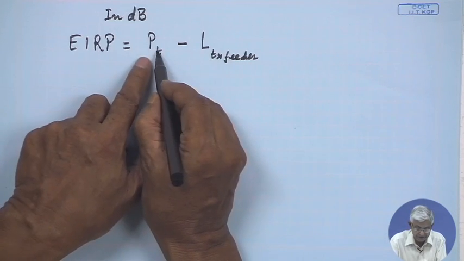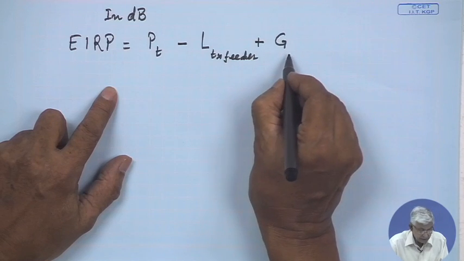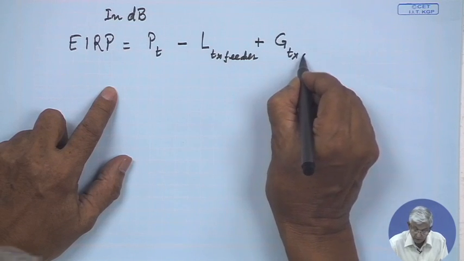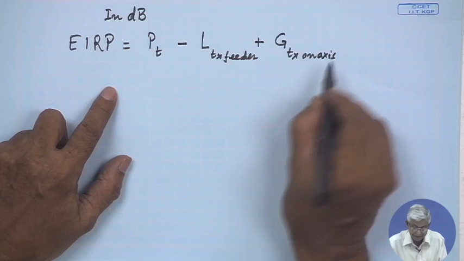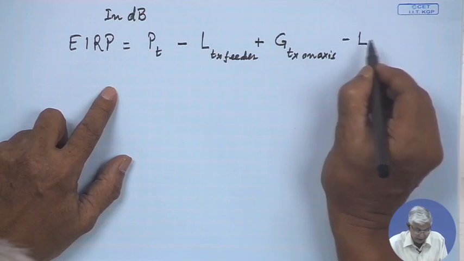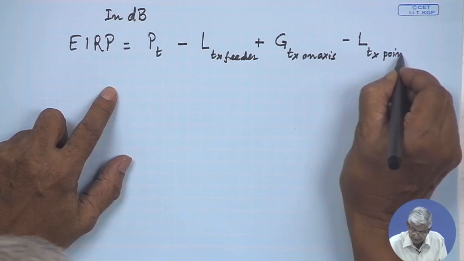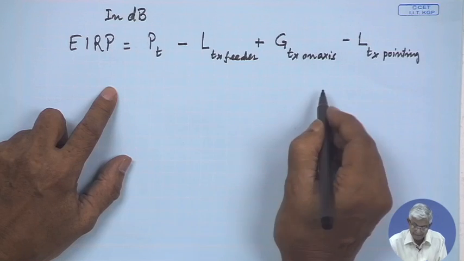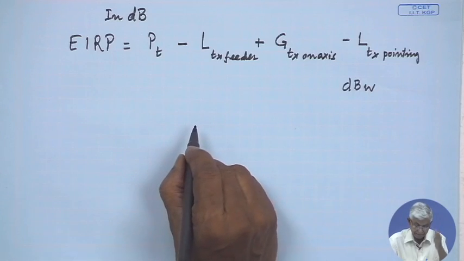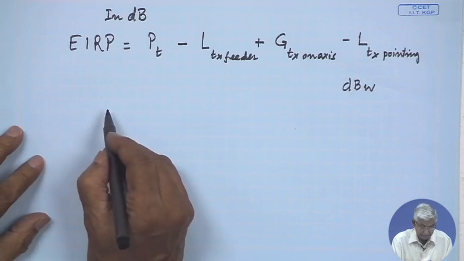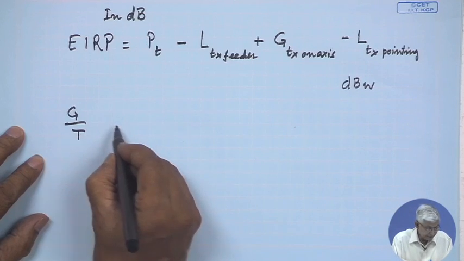So, actual power will be reduced from this, and then the G, that is the transmit antenna gain on axis or boresight, that is in the maximum direction on line, and of course, it is reduced by the transmit pointing or mispointing, I should say. So, this unit is dBW, that characterizes the transmit side.